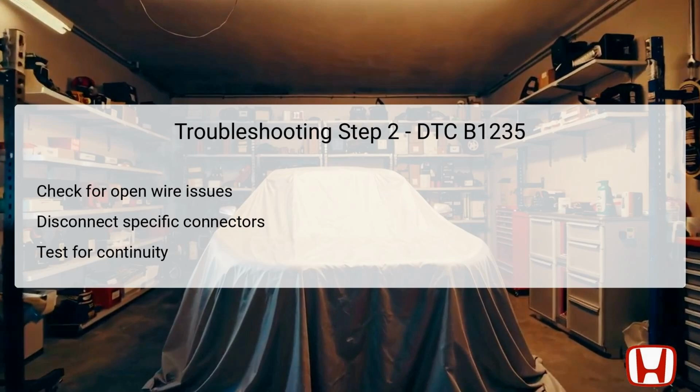Once these connectors are detached, ensure that continuity exists between the designated test points, specifically checking between climate control unit connector B number 13 and driver's air mix control motor 5P connector terminal number 1. This will confirm if the wire is intact or if there is an open circuit requiring repair. Identifying any breaks or faults in the wire is a crucial step towards restoring functionality.